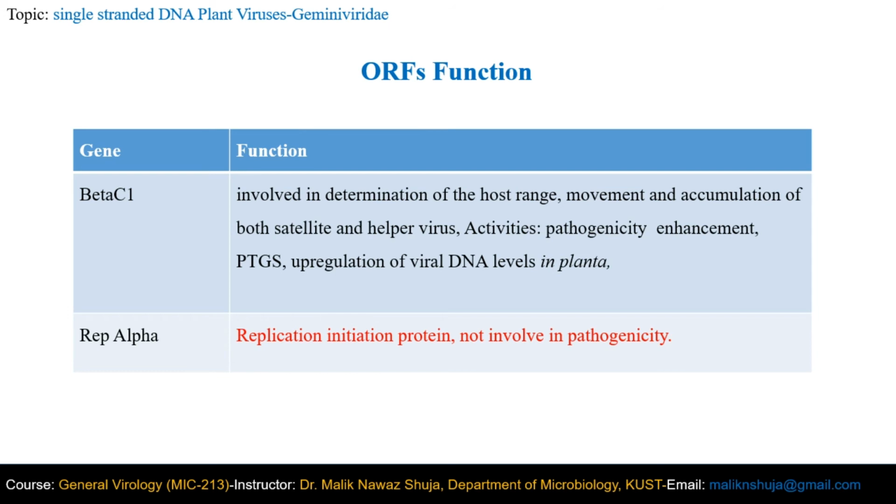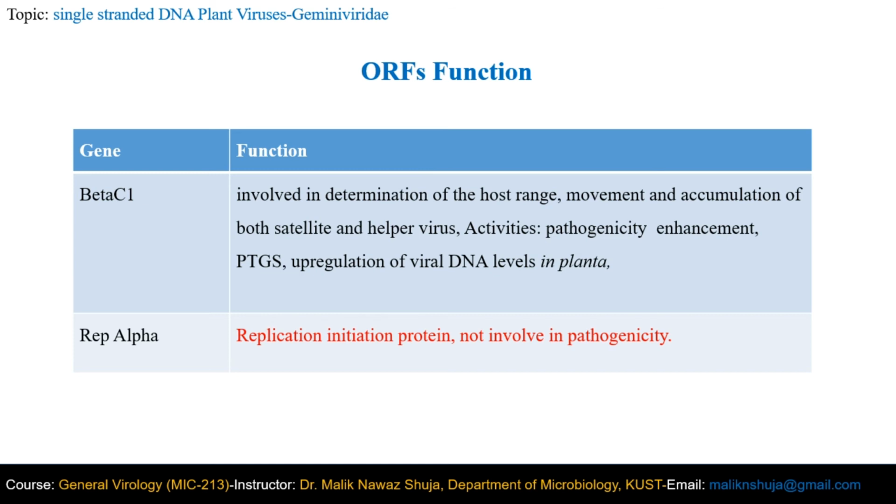If we are talking about the satellites, which are mostly associated with monopartite begomoviruses, it has now also been reported that alpha satellite is associated with bipartite begomoviruses. Beta satellites have only one open reading frame, or one gene, which encodes the betaC1 protein, and it is involved in the determination of host range.